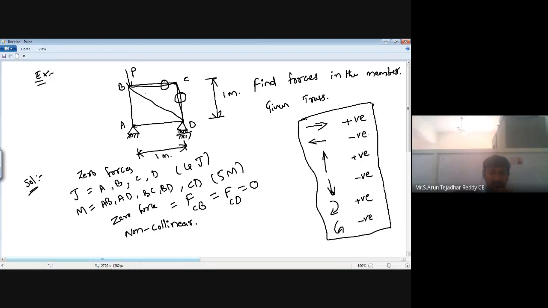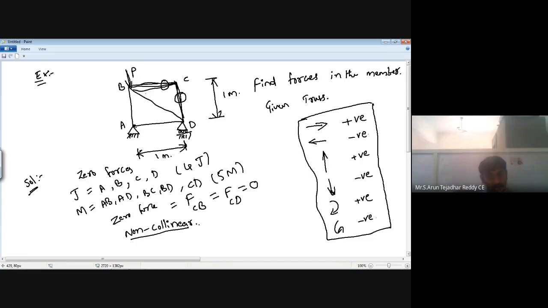It's not collinear. Non-collinear means, see here, if you take joint C, only two forces are acting, two members, CB and CD. So that is called non-collinear. And observe at joint C, it doesn't have any external load, and no support reaction is acting at joint C. If you take joint B, it has three members and also one external load acting.